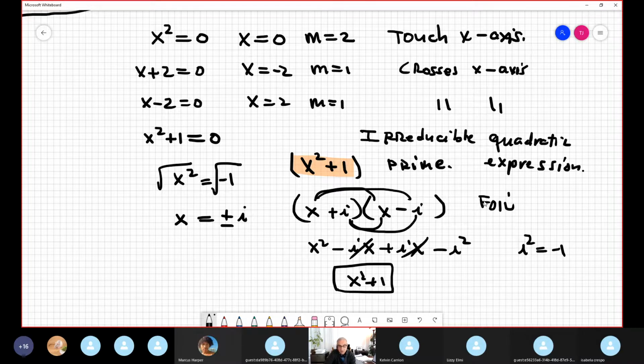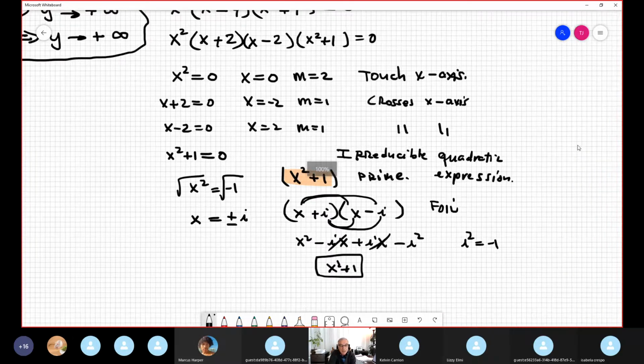Leave it like that. In the question of the test, if they say express it as linear factors, so factor completely using real and complex, okay, then we do it this way. But for the moment, it's not important. For the moment, you leave it like that.